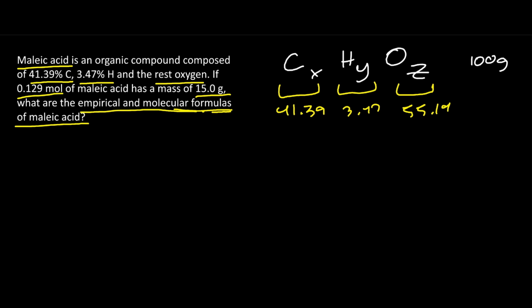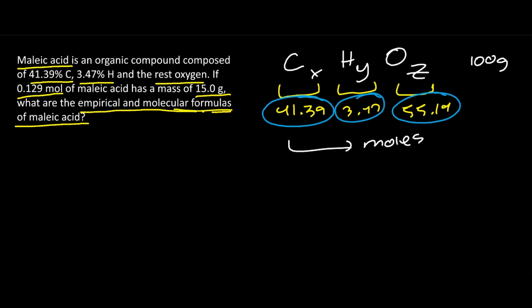If we have 100 grams of our compound, then 41.39 grams is carbon, 3.47 grams is hydrogen, and 55.14 grams is oxygen. So all we need to do is convert all of these to moles, and then from there we can get a ratio of carbon to hydrogen to oxygen, and that will eventually get us our empirical formula.